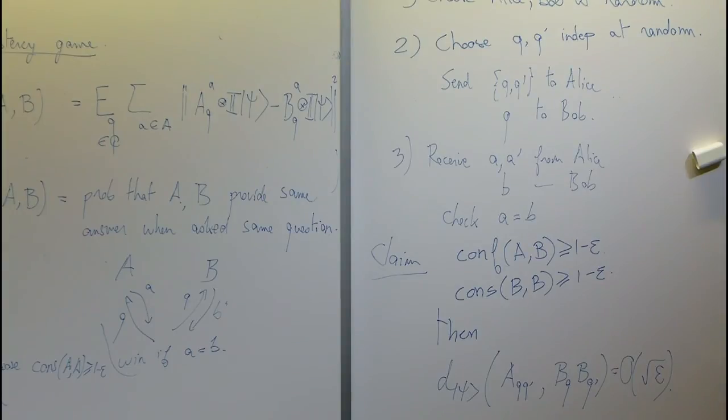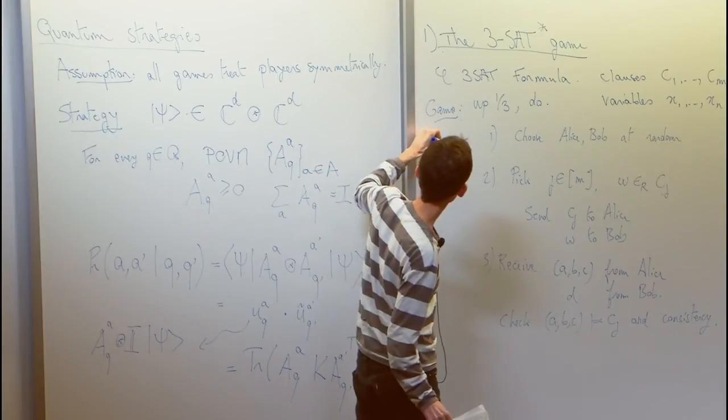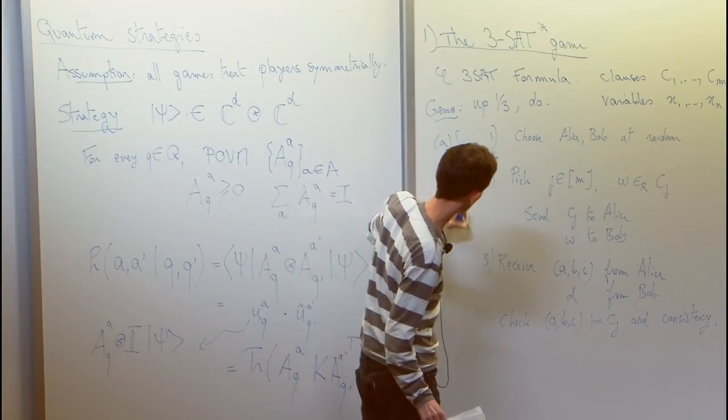So this is the 3-SAT star game. The game is like this. With probability 1/3, I'm going to do three different things. The first thing, A, is what I did before.